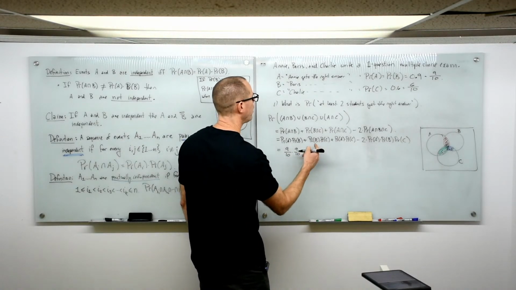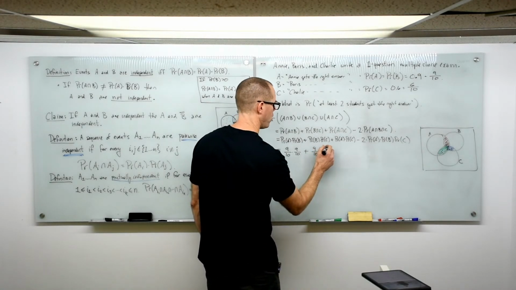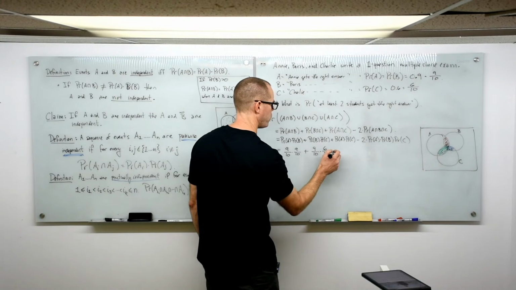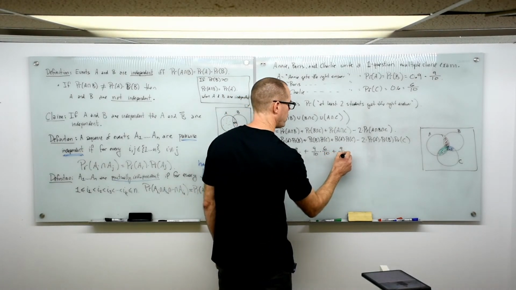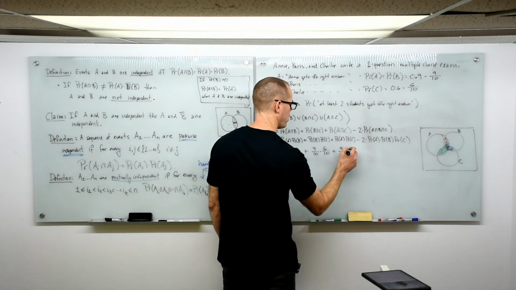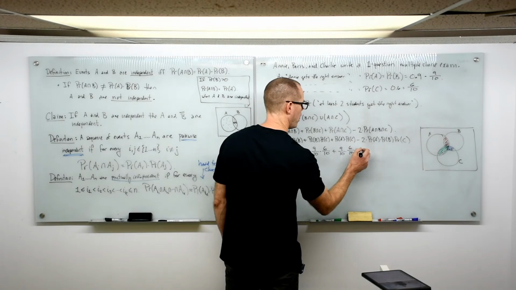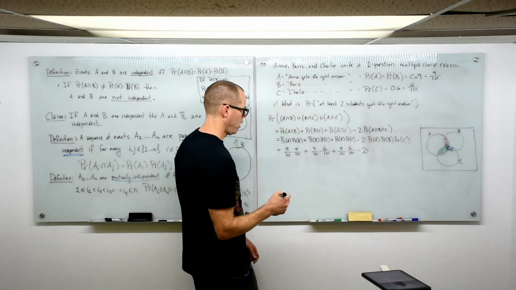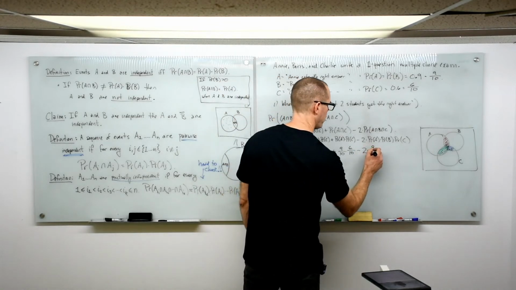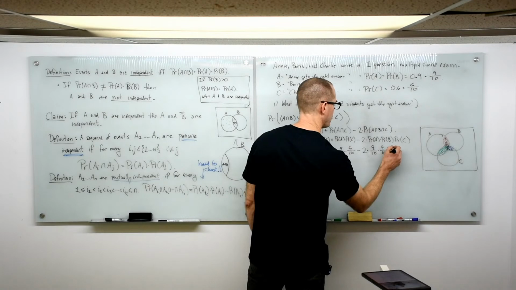B and C, this is Boris, who gets it correct with 9 out of 10, times Charlie, with probability only 6 out of 10. Annie gets it correct with probability 9 out of 10, and Charlie only 6 out of 10. And then we take minus 2 times 9 out of 10 times 9 out of 10 times 6 out of 10.